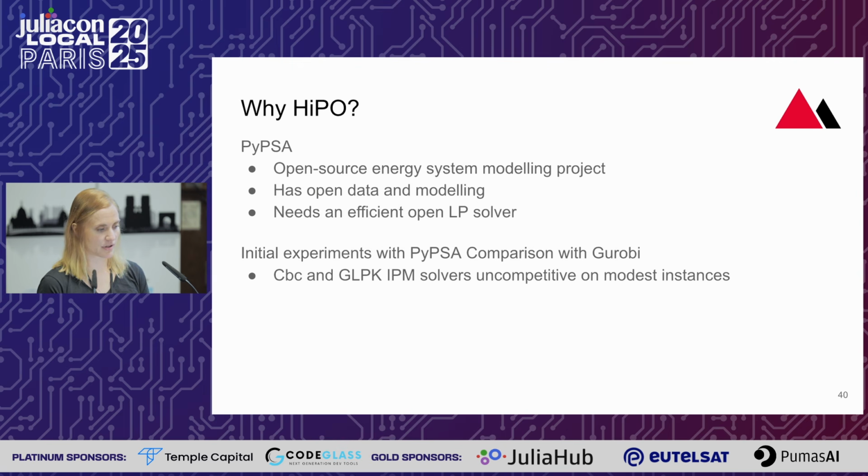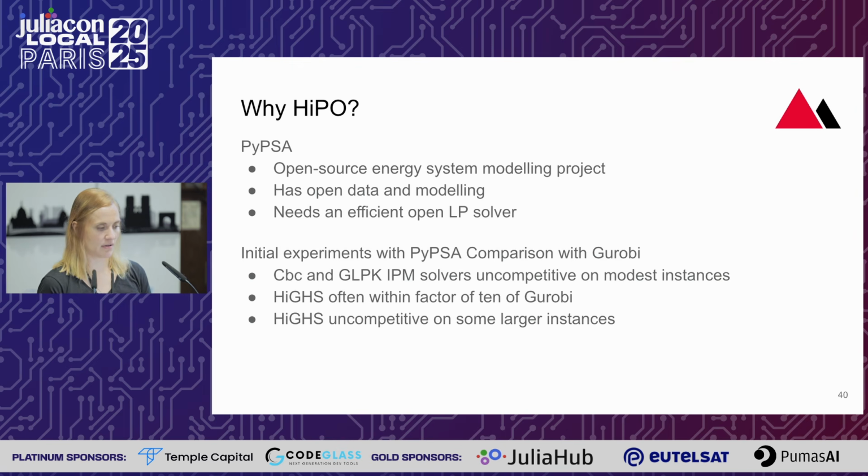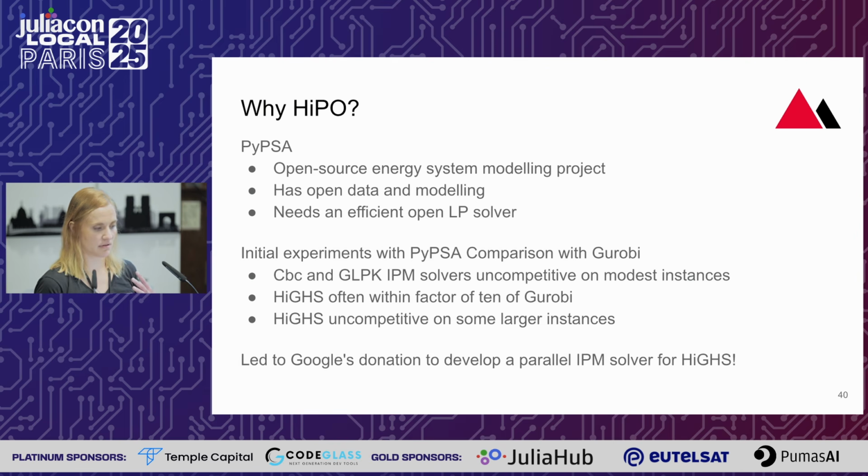The results were that CBC and GLPK, the other open source solvers, were uncompetitive even on modest instances. HiGHS was 10 times slower than Gurobi, and HiGHS was uncompetitive on large instances. So these results led to Google's donation to develop a parallel interior point solver for HiGHS.